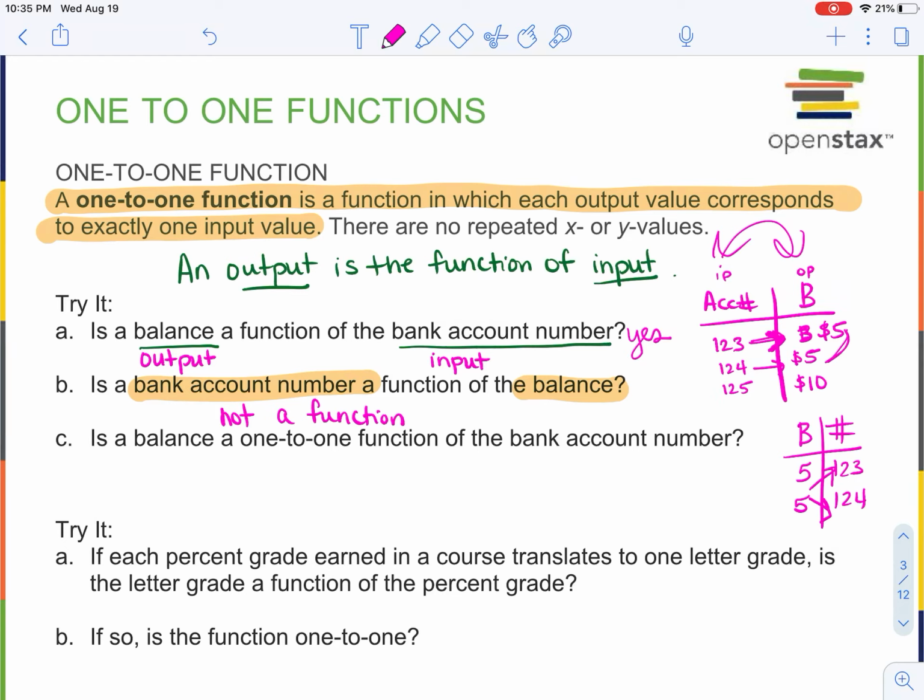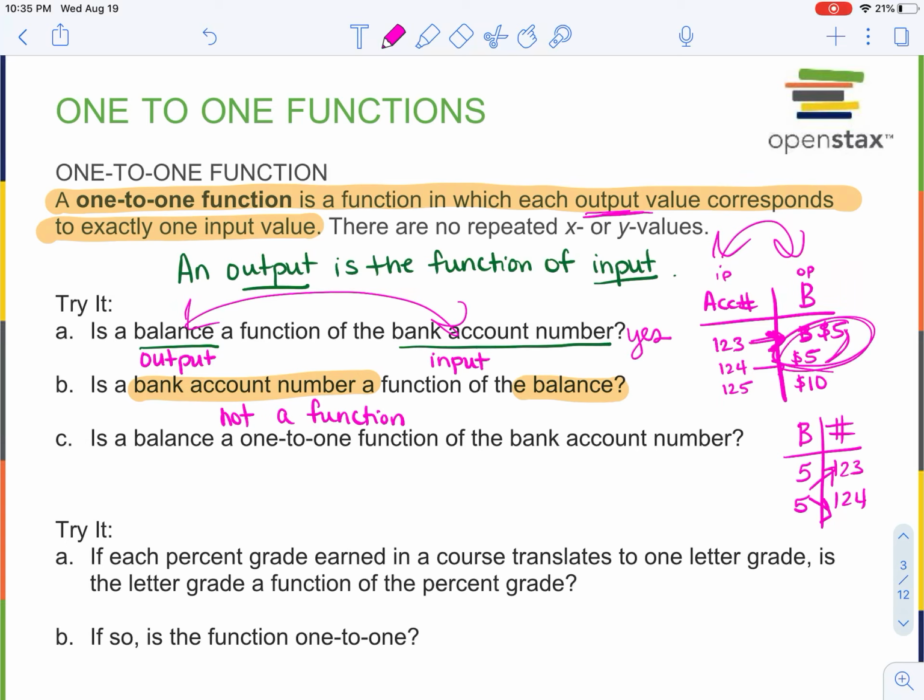And because you can't switch them up and then both be functions, meaning you can't say the balance is a function of the bank account and the bank account number is a function of the balance, it's not one-to-one. It's not one-to-one because, remember, to be one-to-one, each output value corresponds to exactly one input.